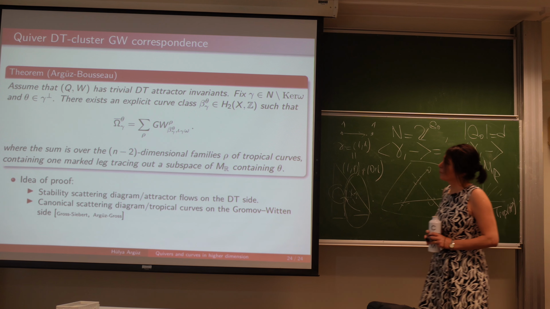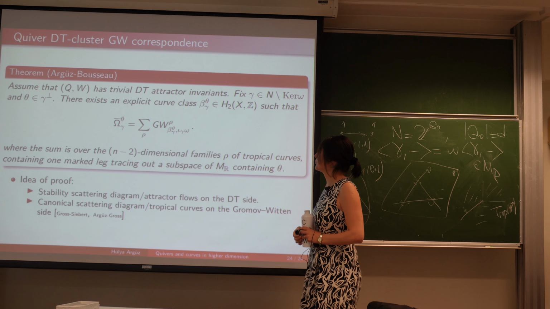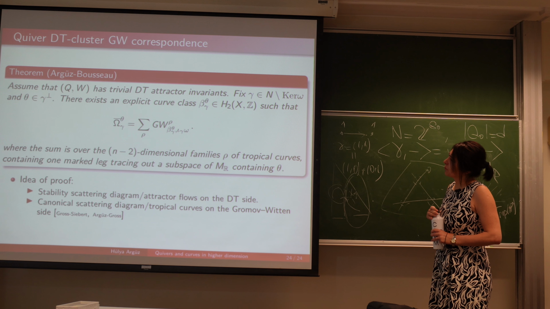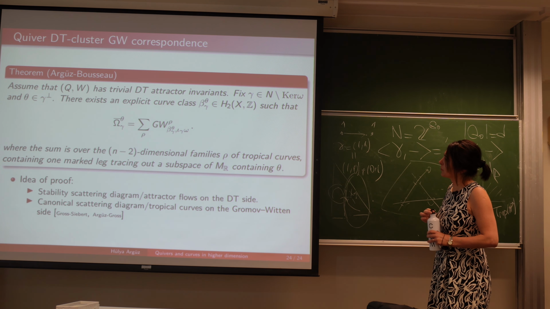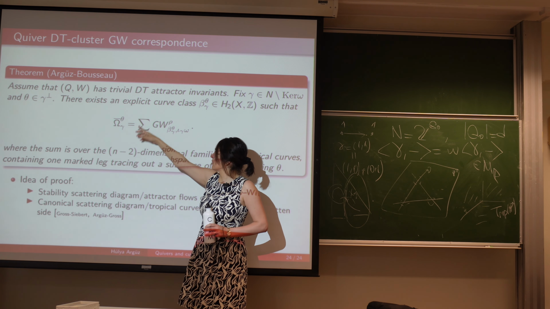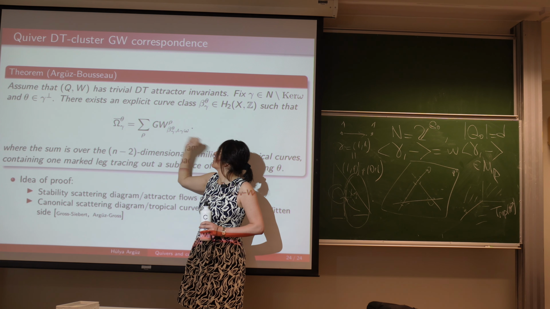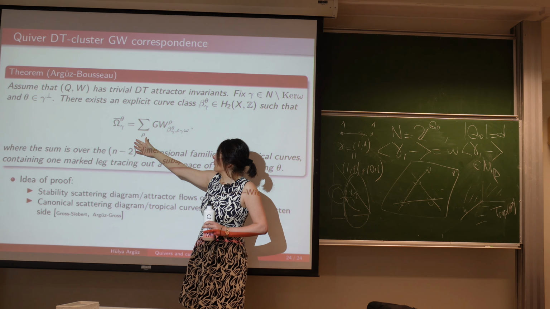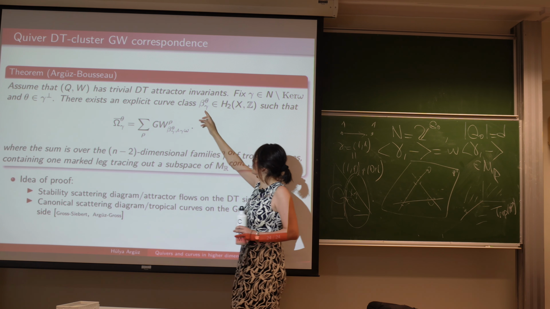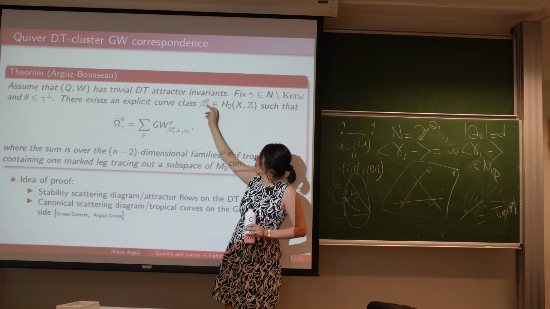If you assume that your quiver with potential has trivial attractor DT invariants, if you fix your dimension vector gamma and your stability parameter theta, and if you look at the quiver DT invariant for this dimension vector and stability parameter, we show that you can express it as a sum of log Gromov-Witten invariants of a given curve class beta, which we determine out of the data of gamma and theta.